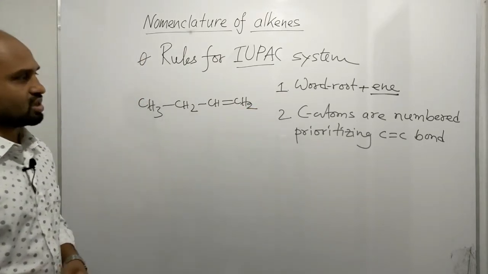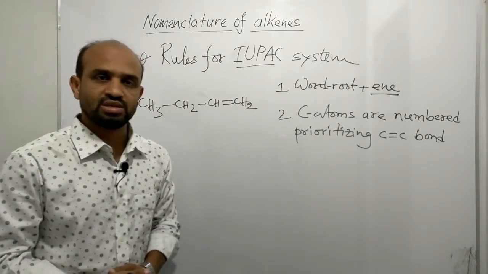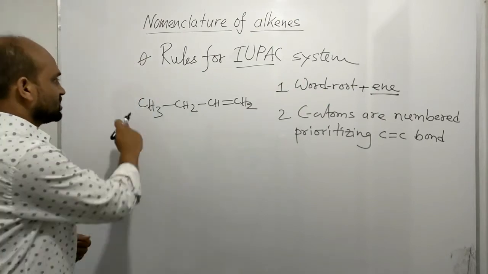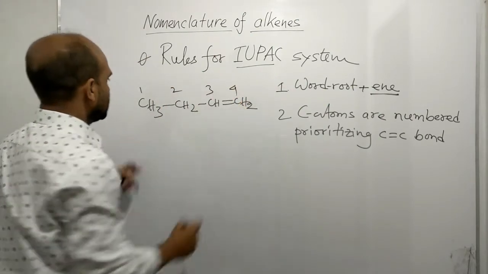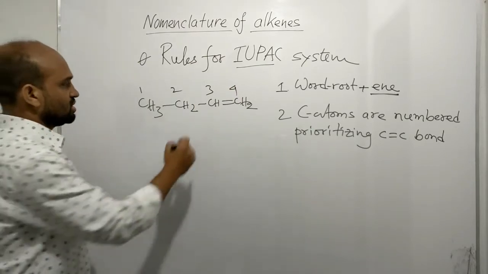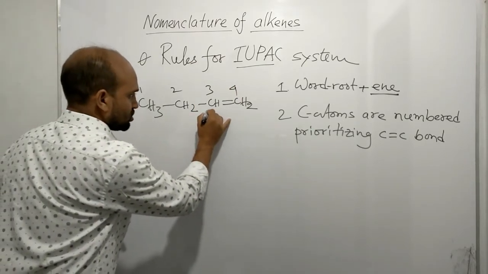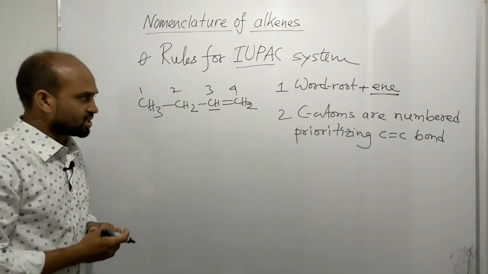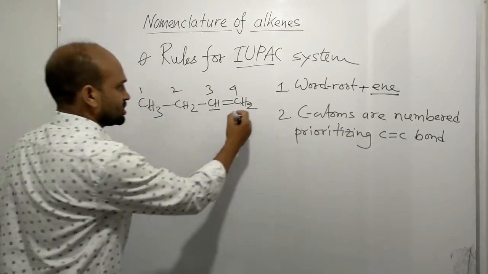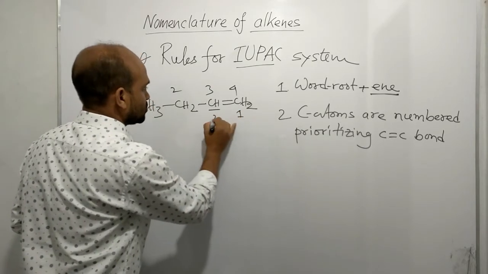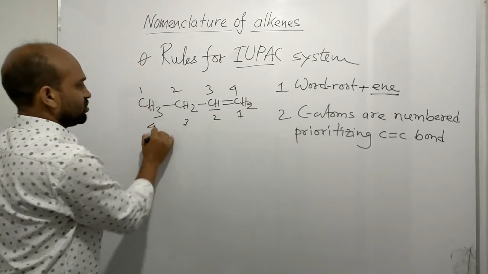Carbon atoms are numbered prioritizing carbon-carbon double bond. If the carbon atoms are numbered 1, 2, 3, 4 from the left, then double bond at carbon 3. But if the compound's carbon atoms are numbered from the right, then 1, 2, 3, 4.